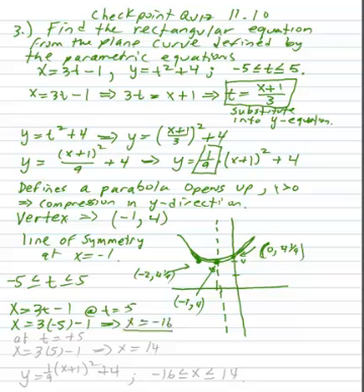And then at t equal positive 5, x is 3 times 5 minus 1, x is 14. The rectangular equation determined by this set of parametric equations is the parabola y equal 1/9 (x plus 1) squared plus 4 over the region negative 16 is less than or equal to x is less than or equal to 14.